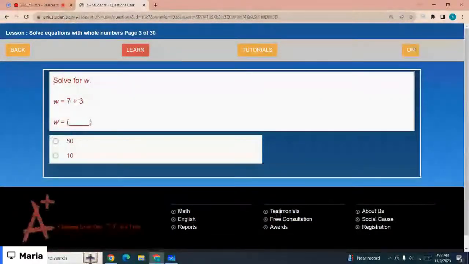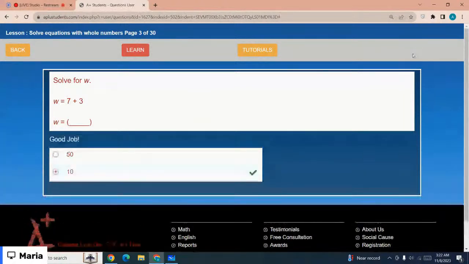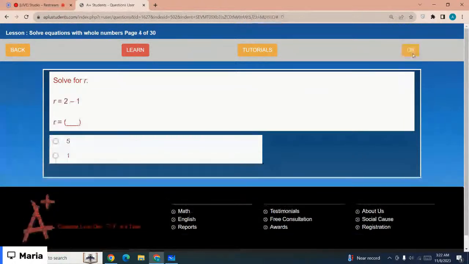Okay, solve for W. W equals 7 plus 3. So which is the correct option? Yes, you have to add them. And when you add, the answer is again 10. Okay, solve for R. R equals 2 minus 1.